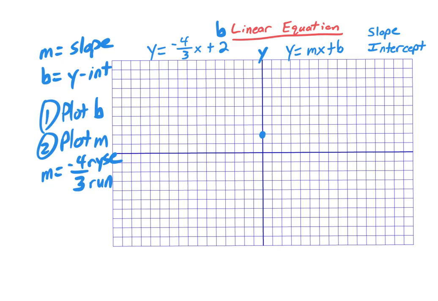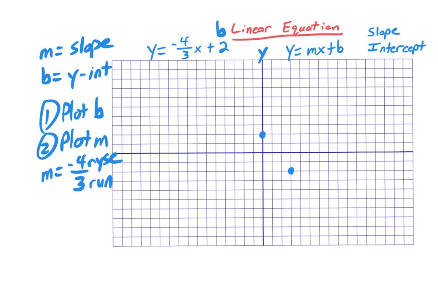So the top number tells me how much we're going to rise, and then the bottom number tells me how much we're going to run. So in this case, because the top number is a negative 4, then we're going to go down 4. So from the point that we already made, we're going to go down 4, we're going to go over 3, and we're going to make a point. I can do that as many times as I want to.